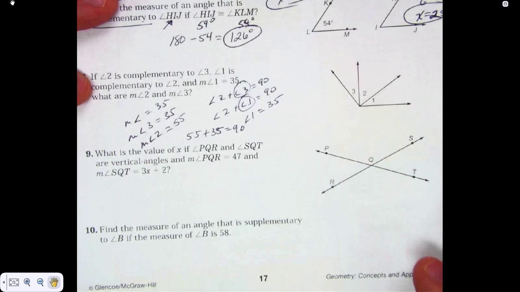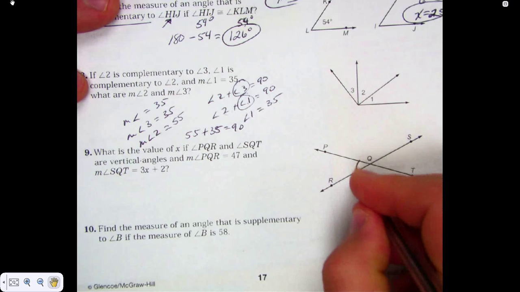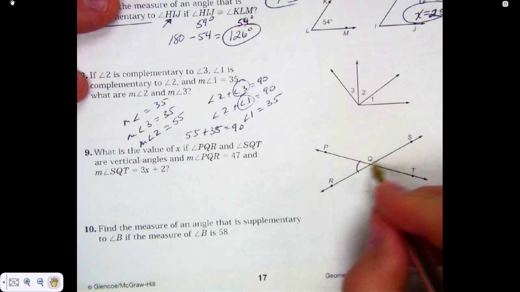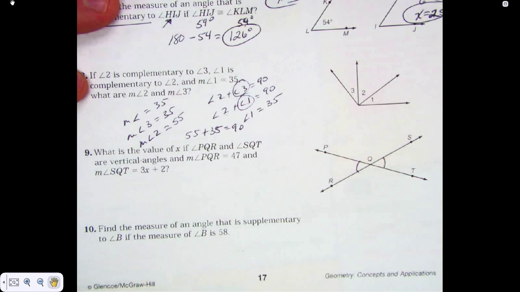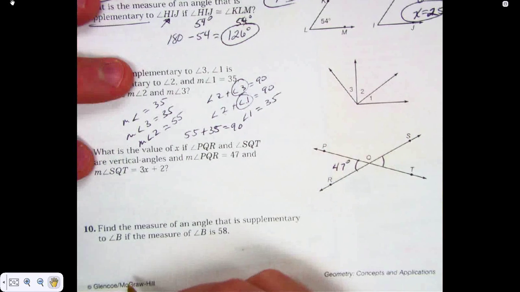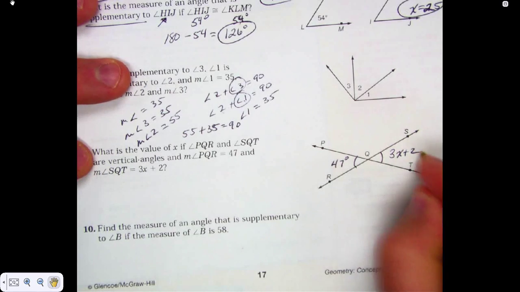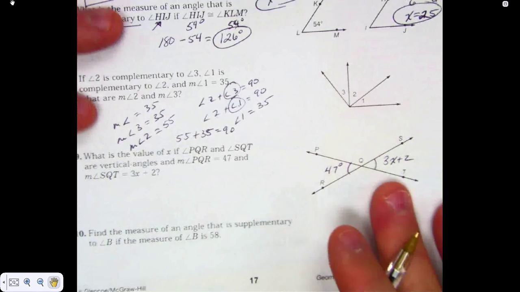Now they'll also do ones like we did before. What is the value of x if angle PQR and SQT are vertical angles? That means they're congruent, correct? PQR is 47 degrees, and angle SQT is 3x plus 2. What's the difference between this problem and the ones up here?